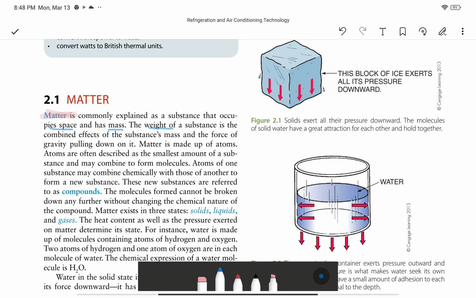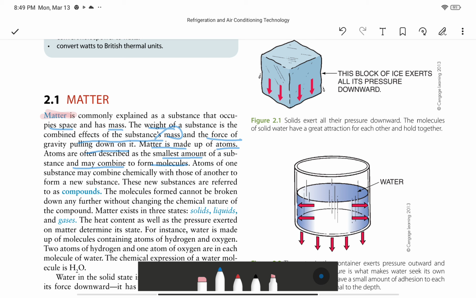The weight of a substance is the combined effects of the substance's mass and the force of gravity pulling down on it. Okay, matter is made up of atoms. Atoms are described as the smallest amount of substance and may combine to form molecules.